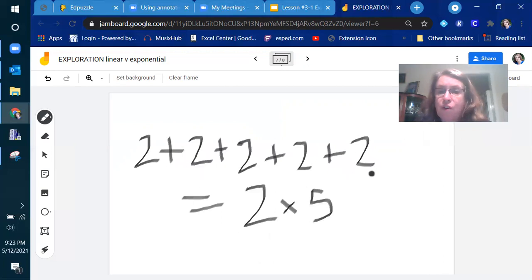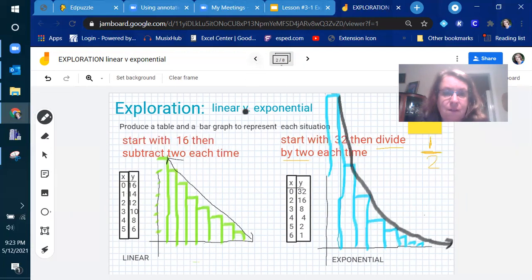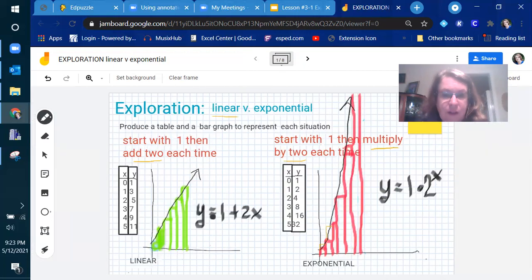With linear, we're adding over and over, which means in the formula you're going to see multiplication. And so that's here, where the 2x is 2 multiplied by however many times. Are you going to do it 1 time, 2 times, however many times you're going to add 2?